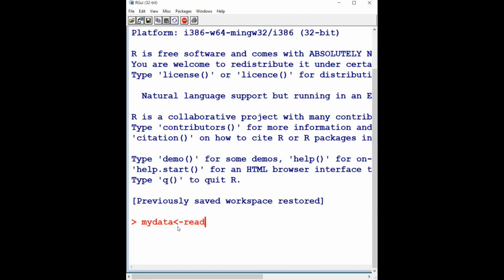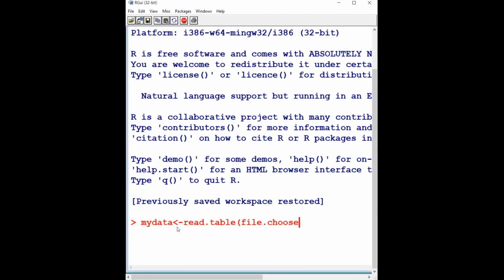So I'm going to use the read.table function, that is file.choose, header equal TRUE.